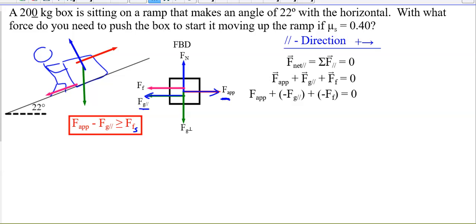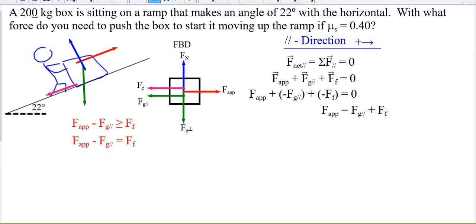So in order for this to begin to move, not only do we have to overcome our force of static friction, but we'd also have to bring my weight over to the other side of the equation just for motion to begin. When you bring both of these over, your applied force is going to have to be equal to your weight going down the inclined plane plus your force of friction just to initiate motion.